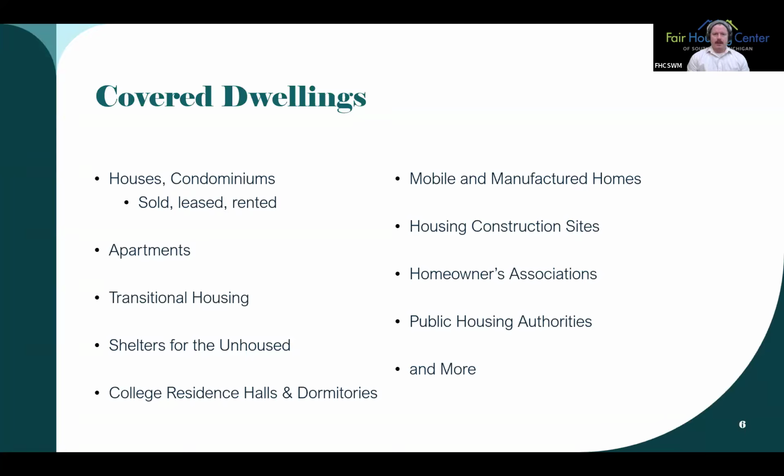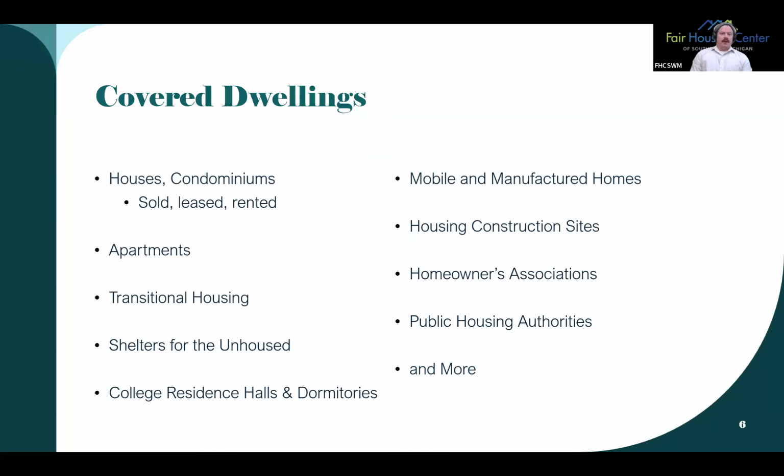Like I said, all aspects of the housing transaction are covered. So not only does the Fair Housing Act prohibit kicking a person out of their rented apartment based on their nation of origin, say, but it also protects that same person from similar discrimination in the application process, in the process of securing a loan, in having their home appraised.